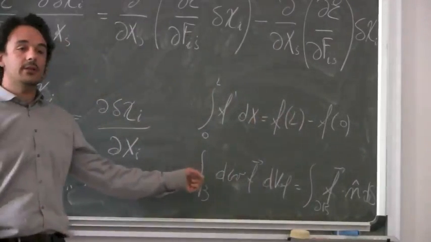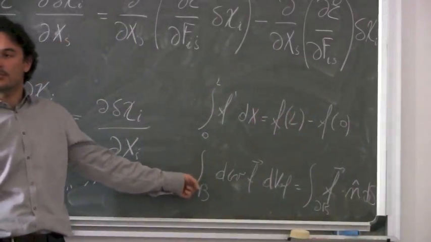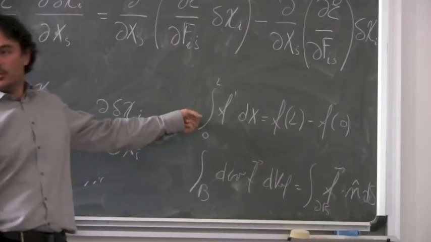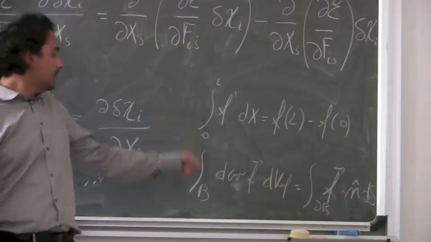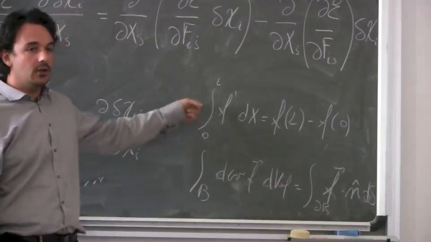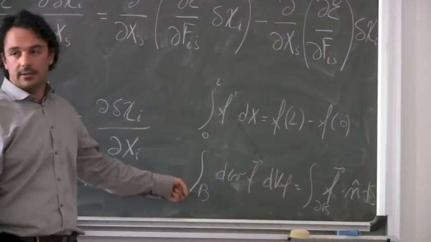Do you know this theorem? Have you ever seen this theorem in the calculus course? This theorem you know. You can say that it is a generalization of this theorem for the 3D case.